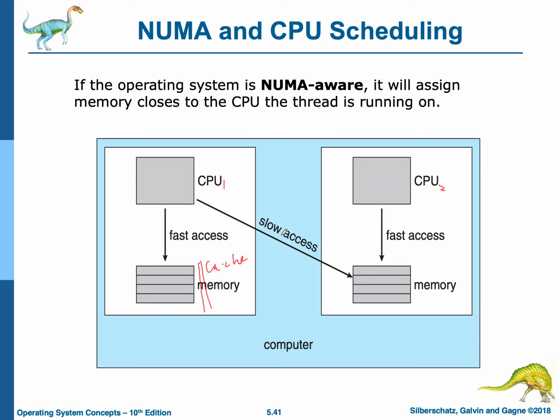While when it accesses another CPU's cache, then this access is slower. So this is a problem with non-uniform memory access.